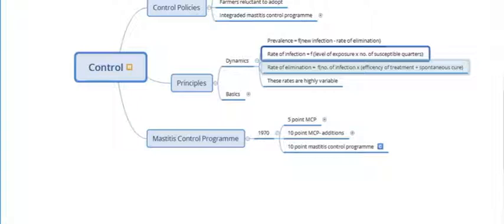Now, how aggressive you are or how well you are treating also depends upon the rate of elimination. So your treatment may be good, but if the infection pressure is very high, your rate of elimination comes down. So that is why it is said that it is a function of the number of infections into the efficiency of treatment and spontaneous cure.